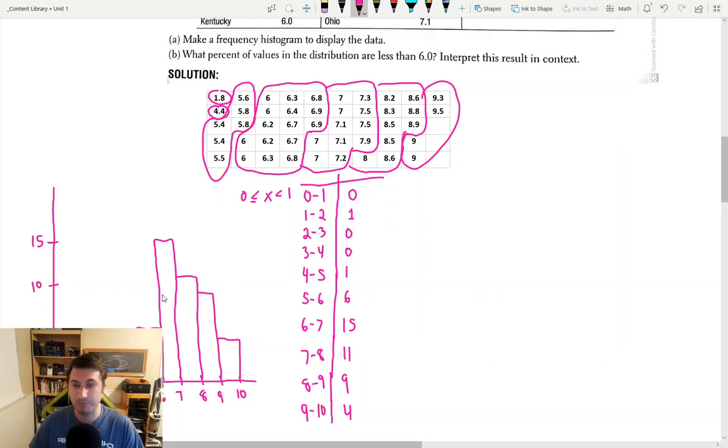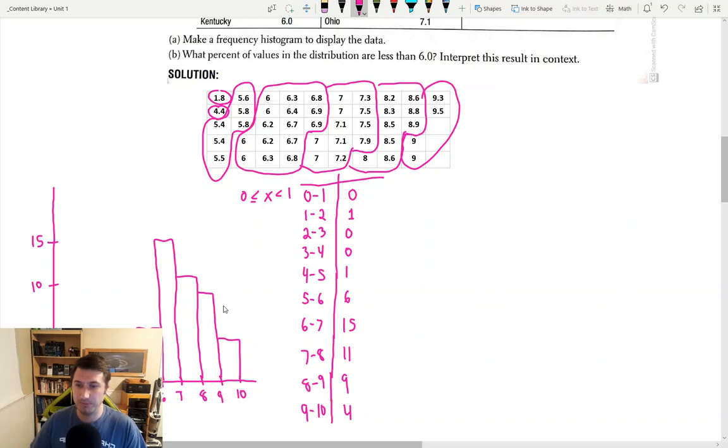And now that we have a picture of this quantitative data, we can describe this distribution. So I'm hoping words are coming to your mind like single peaked, possibly an outlier over here. Mostly symmetric, I would say.